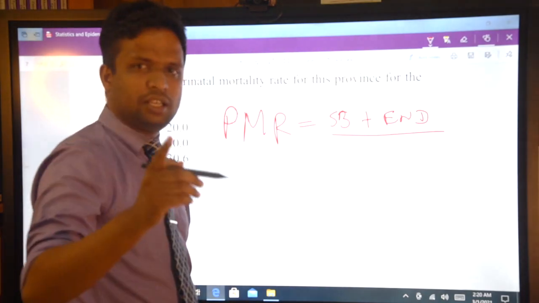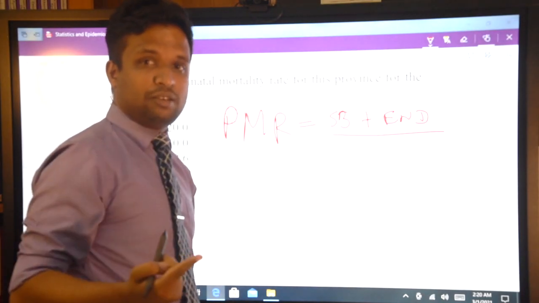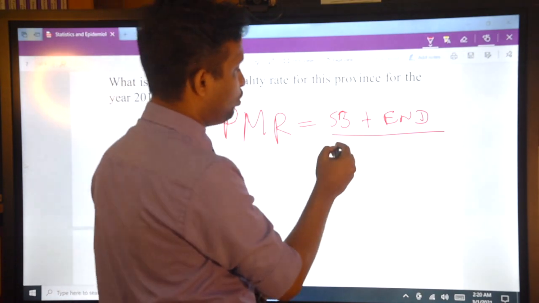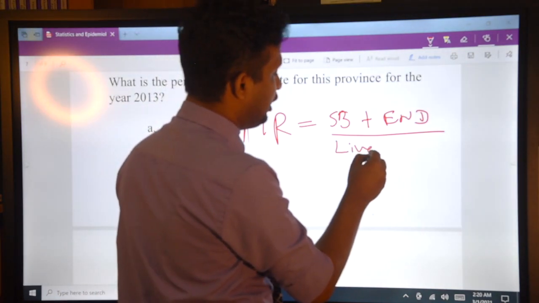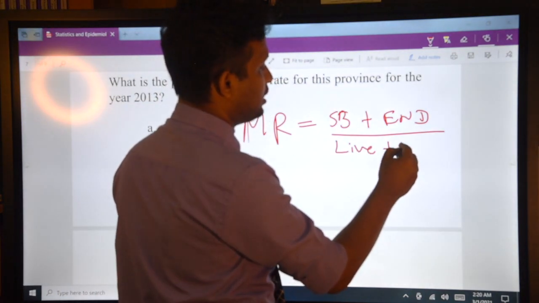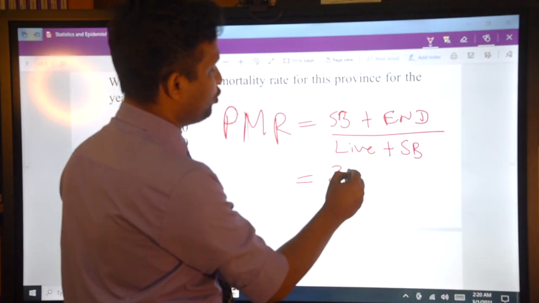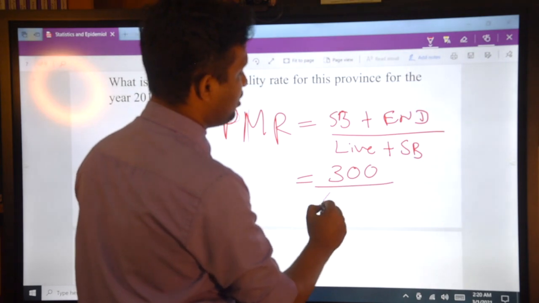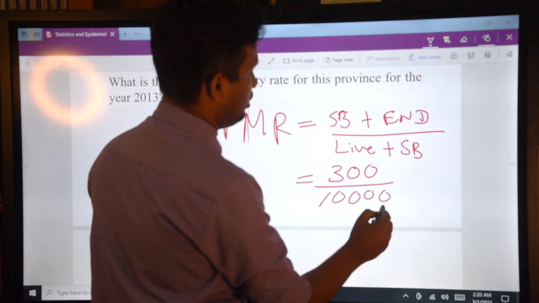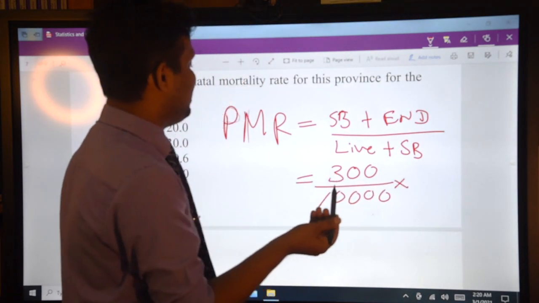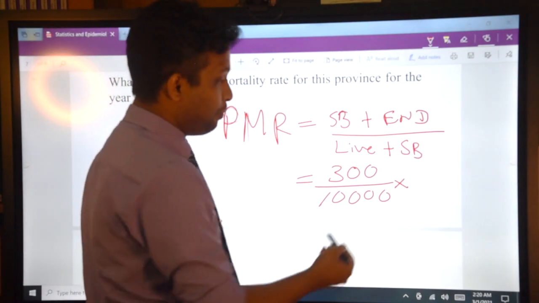But keep in mind, in perinatal mortality rate, the denominator is the total number of live births plus stillbirths. According to this MCQ, you can easily understand that it is 300 divided by 10,000. Usually we tell this perinatal mortality rate per 1,000.